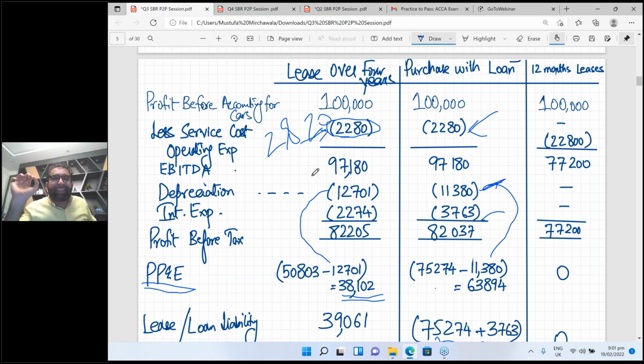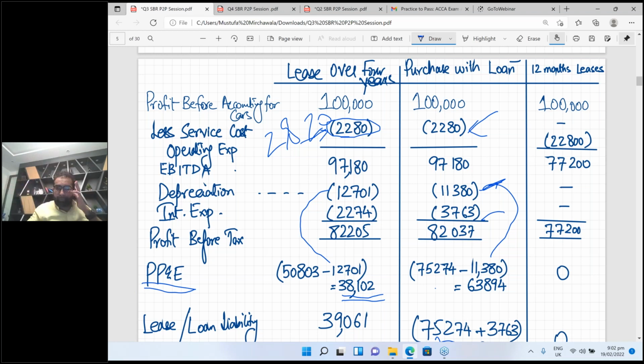EBITDA went down. See, EBITDA went down because EBITDA is profit before interest, tax, depreciation, and amortization. But now you don't have any depreciation and amortization, and you booked everything before EBITDA. So definitely your EBITDA went down in this case. But as compared to other cases, the EBITDA is high. Okay.